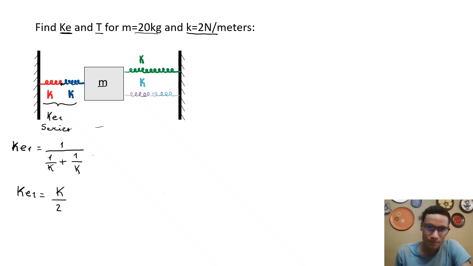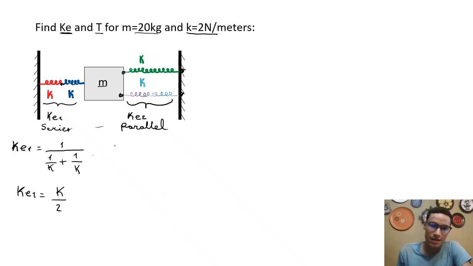Now we have these other two springs, and we observe that they are in parallel because they come from different points and they also enter into different points. So they are in parallel. We can call this K equivalent 2, of the parallel springs.